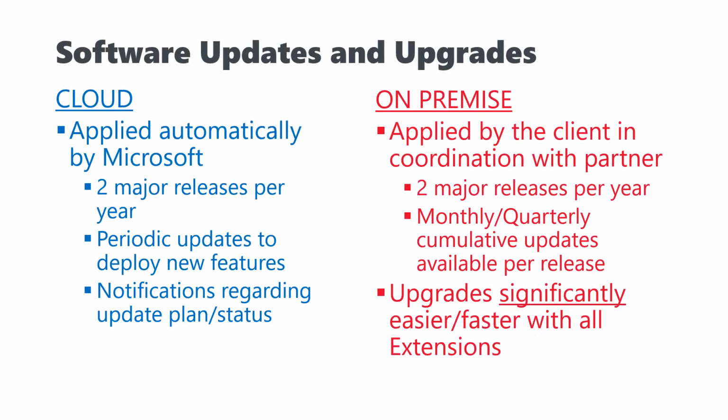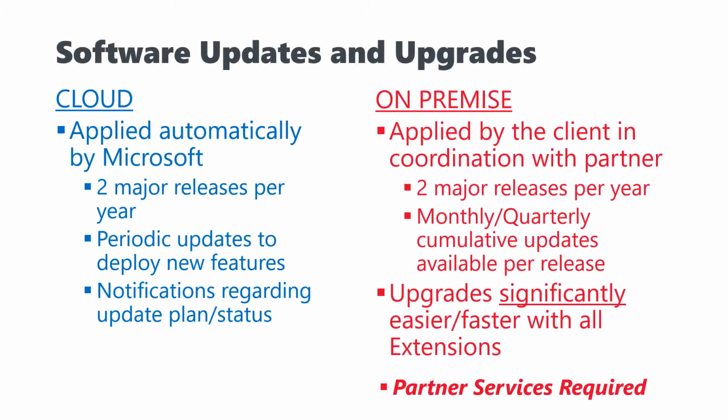Even in an on-premise environment, with the new modern development environment that's used within Business Central, once you get to Business Central, upgrades are significantly easier and faster with all extensions used instead of objects. So there is effort involved with applying updates in on-premise. However, it is not nearly as significant as with previous versions of Microsoft Dynamics.